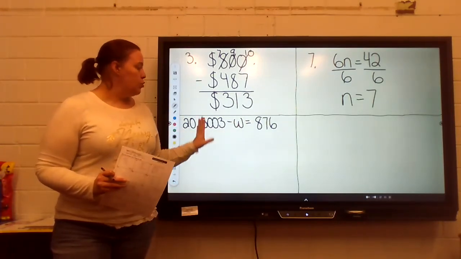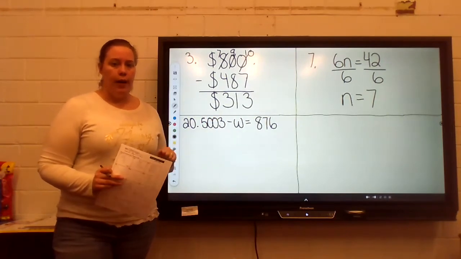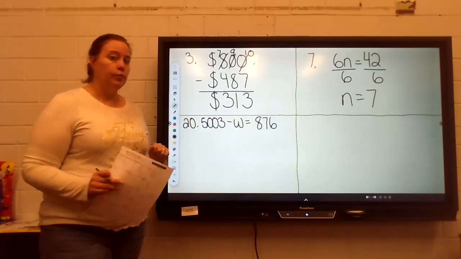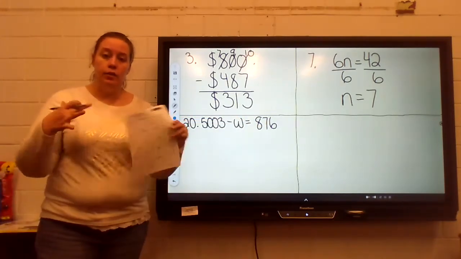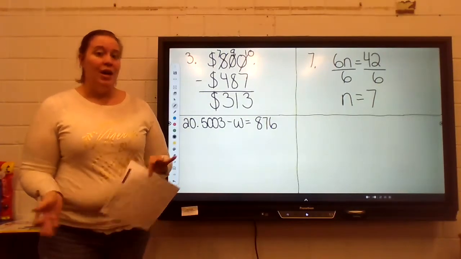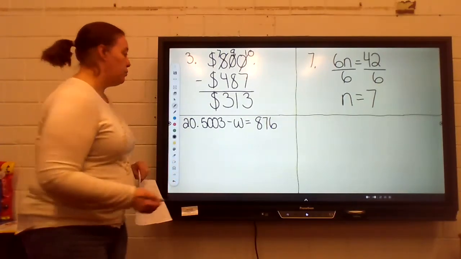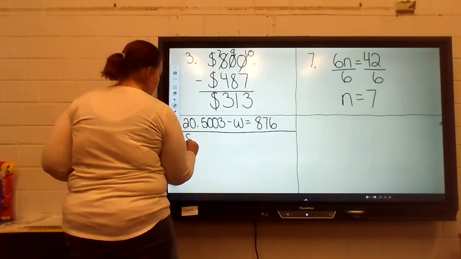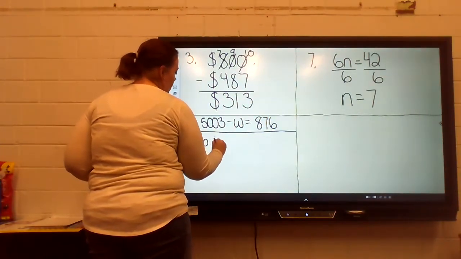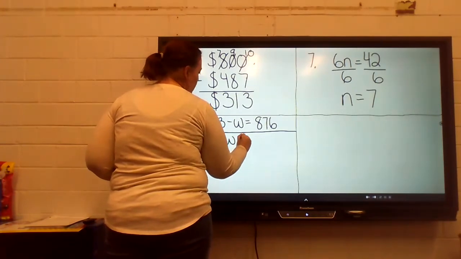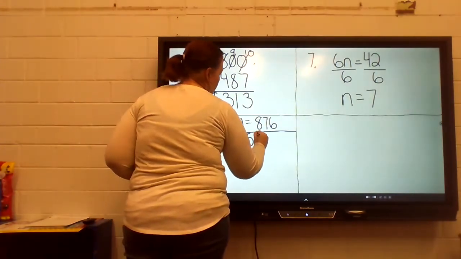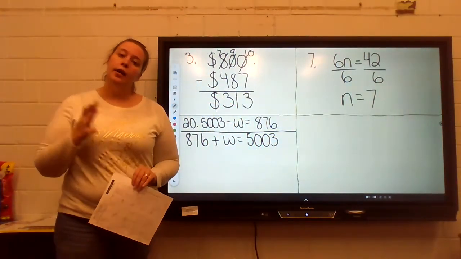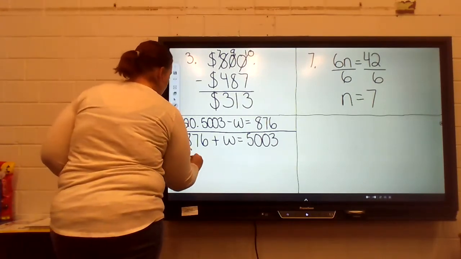So what you are missing is what's being subtracted from 5,003 to get 876 left over. So in order to find this and to solve the problem properly, you have to rewrite it as an addition problem, like so. 876 plus W equals 5,003. Then you are able to subtract 876 from both sides.